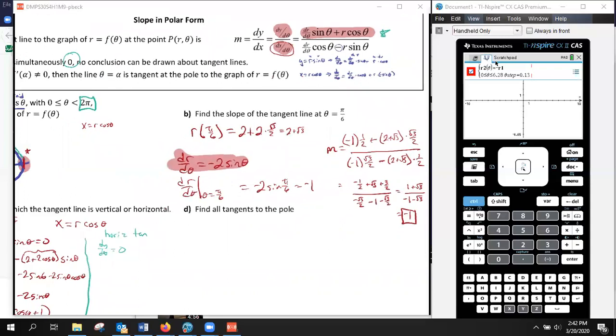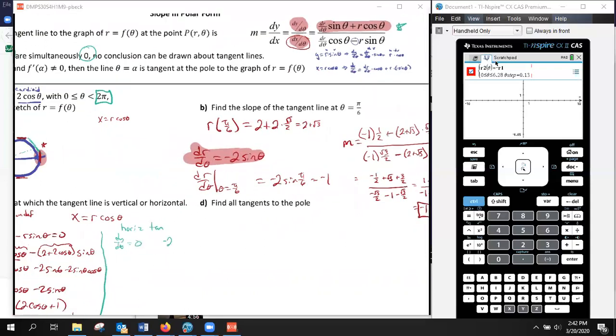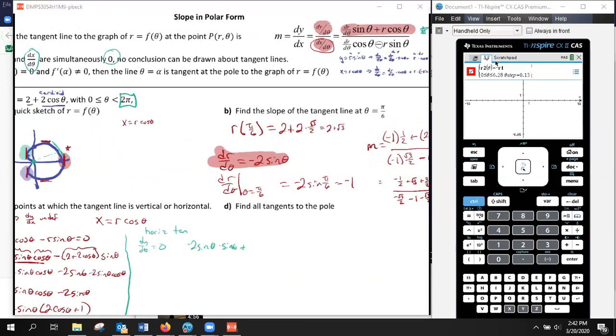So that is dr d theta sine theta, so -2 sine theta times sine theta, plus r, which is 2 plus 2 cosine theta, times cosine theta. We want to know where that equals 0. So -2 sine squared theta plus 2 cosine theta plus 2 cosine squared theta equals 0.